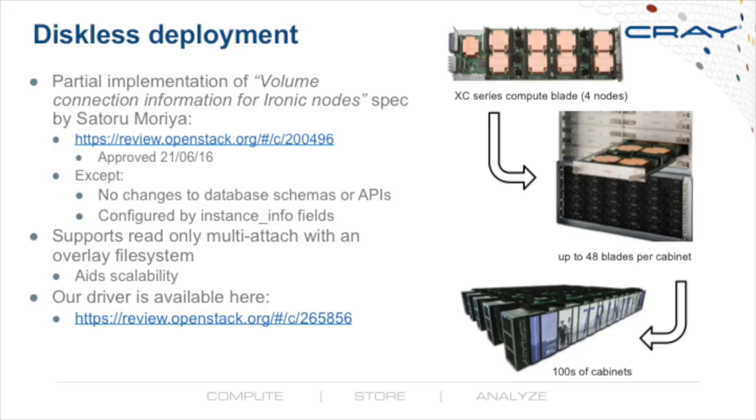Just to give you an idea of the scale of these machines, a typical XC series compute blade consists of about 4 nodes per blade. You can have about 48 blades per cabinet, and the system scales to hundreds of cabinets. So you can end up with tens of thousands of nodes.